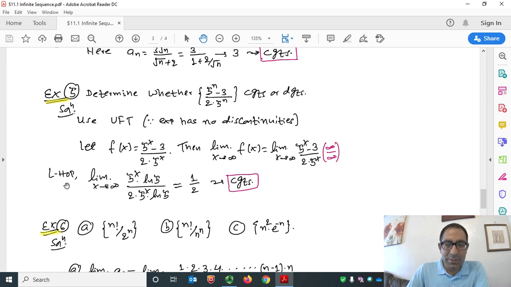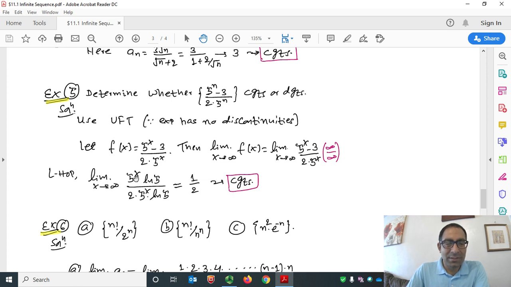So using L'Hopital's, this equals the limit as x goes to infinity when you take the derivative of the numerator over the derivative of the denominator. The derivative of 5^x is 5^x natural log of 5, and the derivative of 3 is 0. We don't need to write the 0. Similarly in the denominator, 2 as it is, the derivative of 5^x is 5^x times natural log of 5.